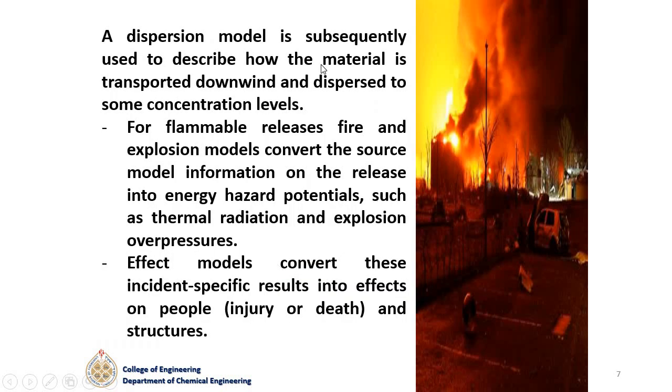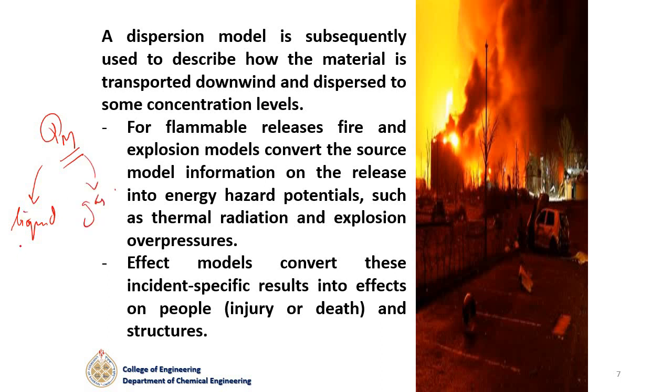So simply what you're trying to hear is that in this chapter, we want to study the dispersion model. How much is being dispersed? We want to calculate the mass flow rate, the amount that's being dispersed per time. And in this case, we can calculate how much liquid is being dispersed per time, or how much gas is being dispersed per time.